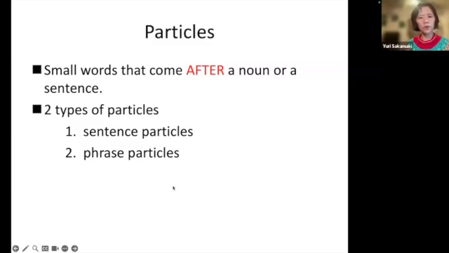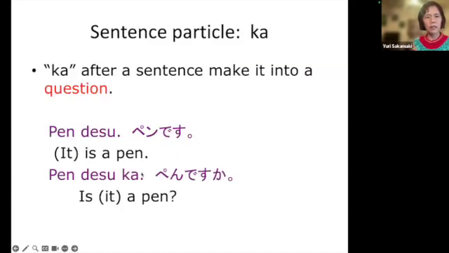But that was a very brief introduction of a phrase particle. We'll talk about one phrase particle that is really common in a minute. So sentence particle, as we talked about, ka will come after a sentence and make a sentence into a question.